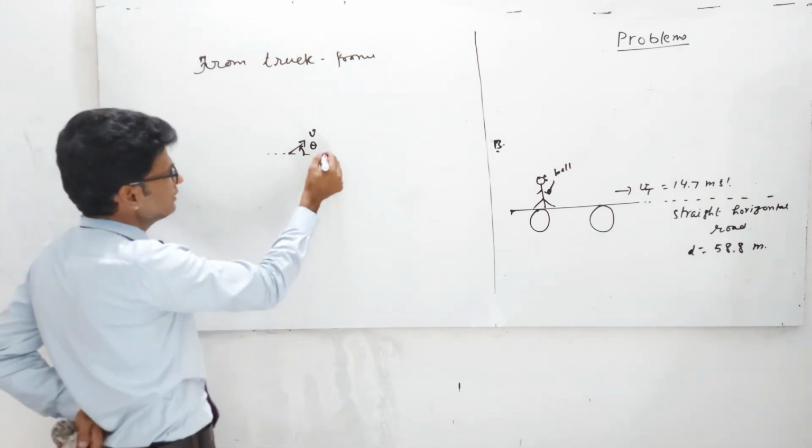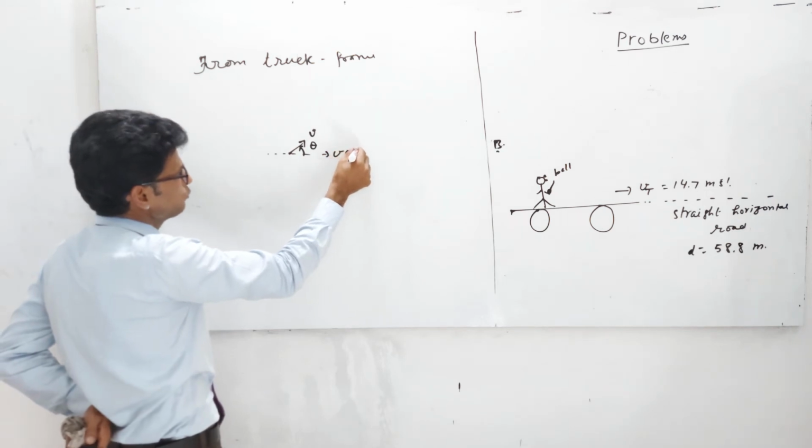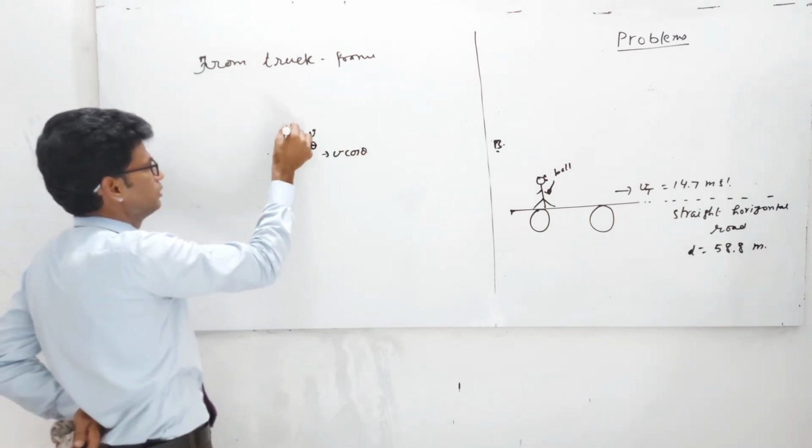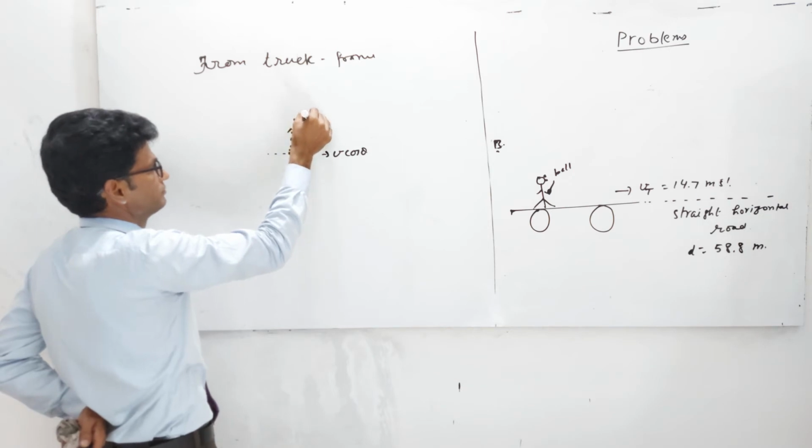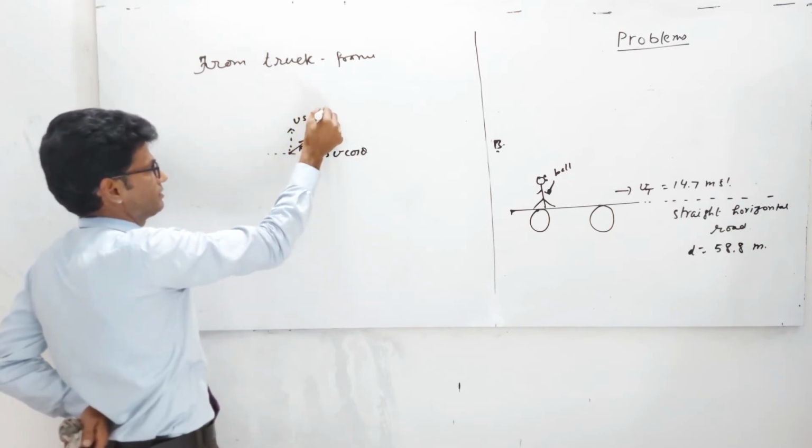So we have to resolve it here. This will give you v cos theta and this will give you v sin theta. V cos theta, v sin theta.